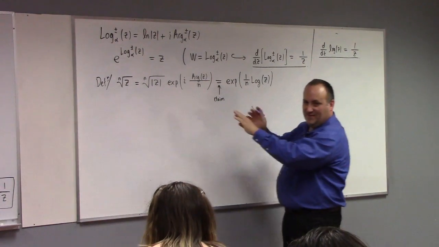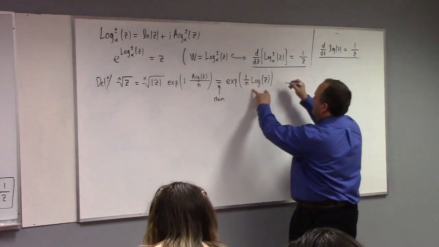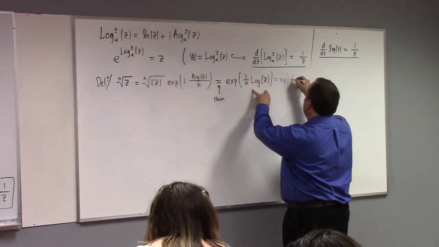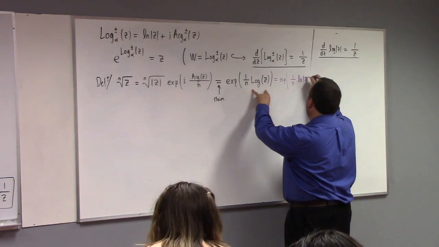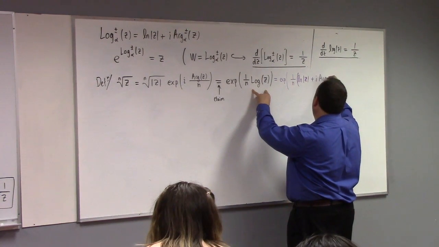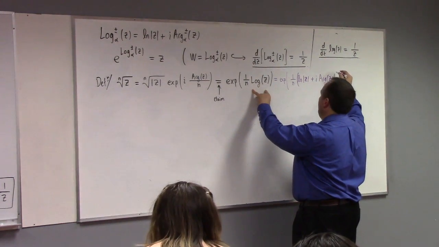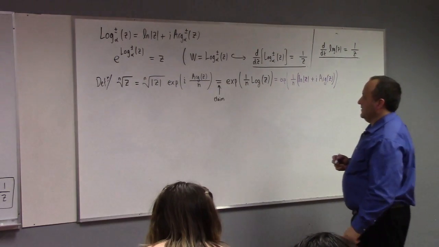That seems like a more hopeful path than the other way. So what is the log? Natural log of the modulus of z plus i times capital Arg z, plus nothing. So it's the principal logarithm.